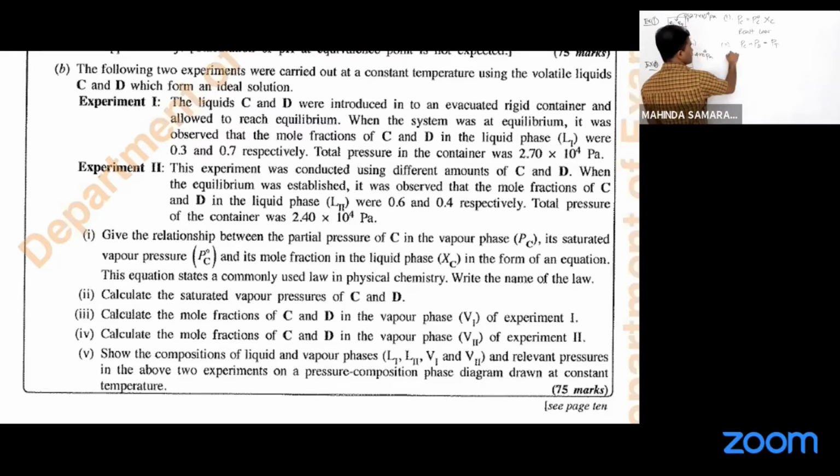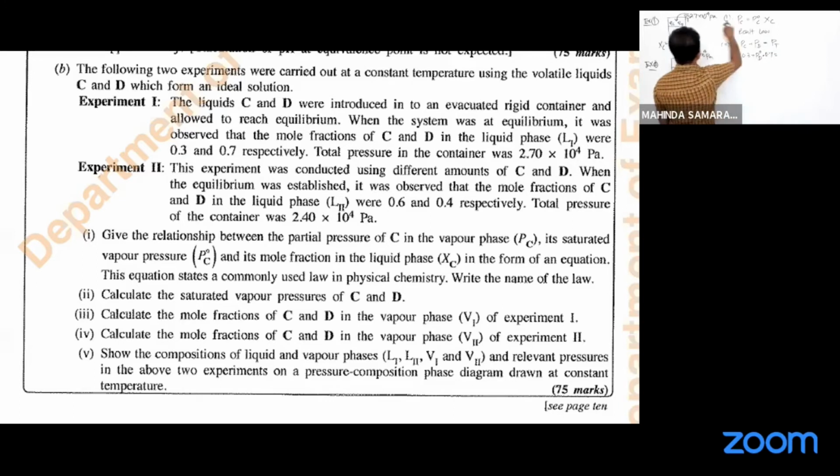Saturated vapor pressure of C, P naught C, we don't know, into XC. What is XC? It's the mole fraction of C in the liquid phase. Do we know that? Yes. In the first experiment, it's 0.3. Then P naught C into 0.3, plus PD. PD is P naught D into XD. P naught D we don't know, that's what you have to find out, but XD we know, it's 0.7.